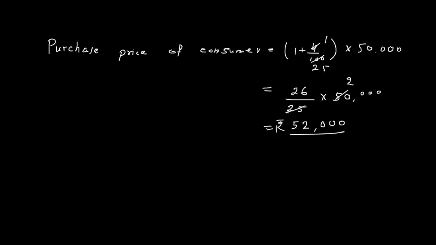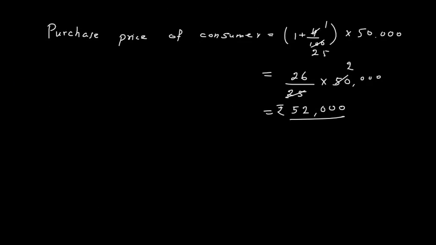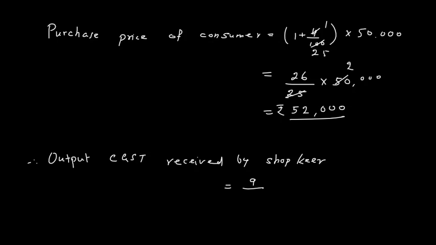So now I will again calculate. Therefore output CGST received by shopkeeper, that is the amount paid by the consumer, is 9% of this 52,000.